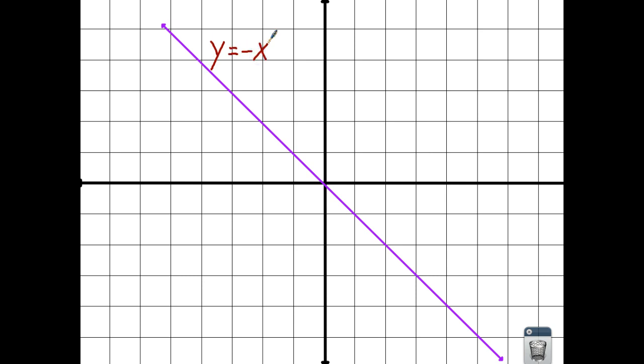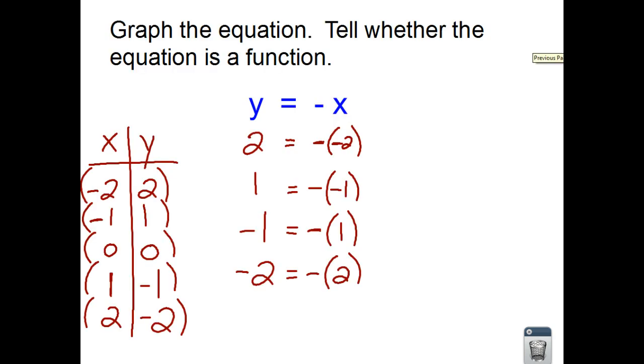All right, the second way, I said there are multiple ways of graphing this line. The second way would be to use our slope-intercept form that we have learned to be called mx plus b. So y is equal to mx plus b.